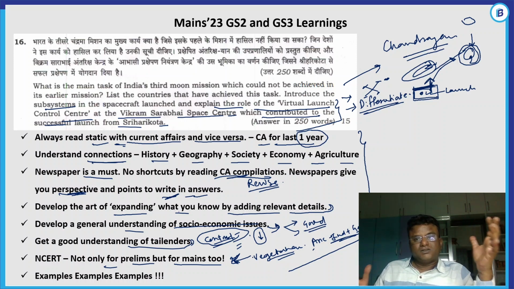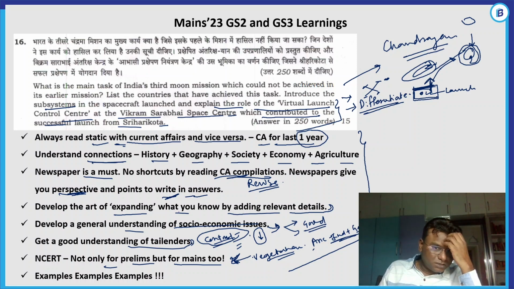So if your NCERTs are strong, then you will be able to write something even if you don't know about the topic from the advanced book or from current affairs, because almost all of these questions you will be able to write something if your NCERTs are strong, right? So focus on NCERT. I mean, don't ignore them.